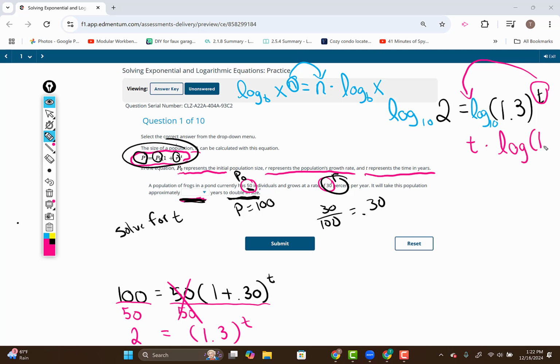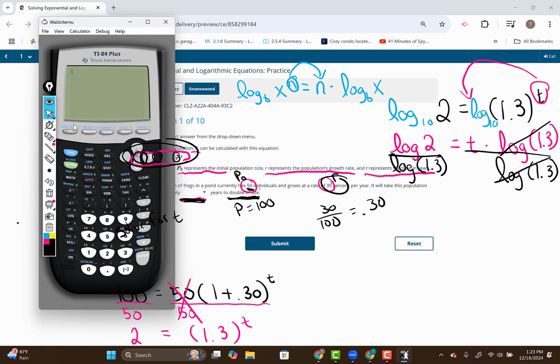I'm not going to write the 10 this time, it's just assumed to be there, equals log 2. And we could type in log 2 in the calculator and get that answer, but let's just wait. To solve for t, we're going to divide both sides by the log of 1.3. Those will cancel. And then the log of 2 divided by the log of 1.3 should give us a reasonable answer for t in this problem.